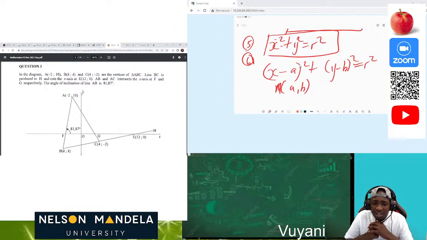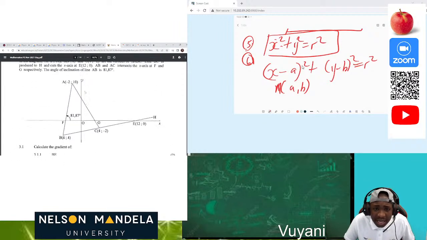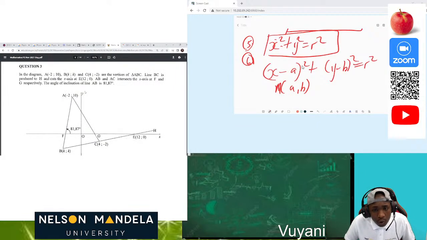The angle of inclination of line AB is 81.87 degrees. As we were saying in our small overview, it's so crucial to understand the terminology of analytical geometry, because when you understand the terminology, you're able to unpack the topic as a whole.